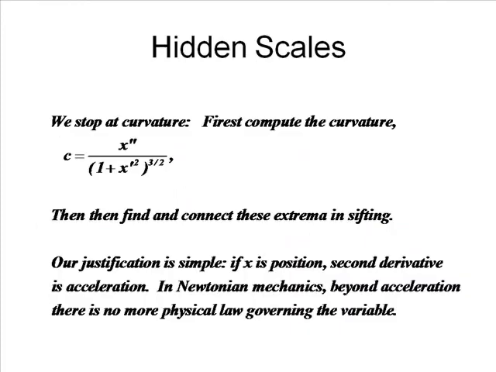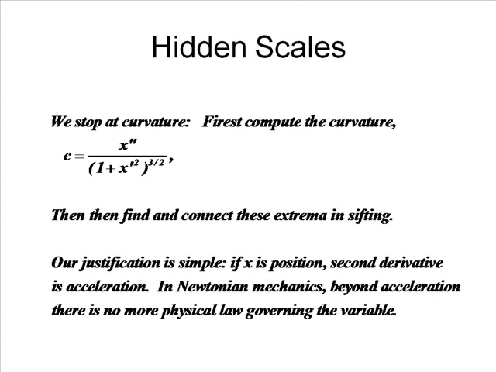Because of that, we usually do not go to curvature. But in one of the software packages that we prepared, there's an option that you can actually go to curvature derivative, curvature shifting.